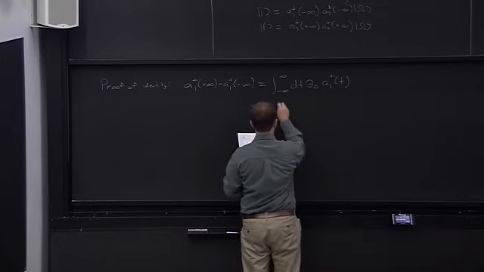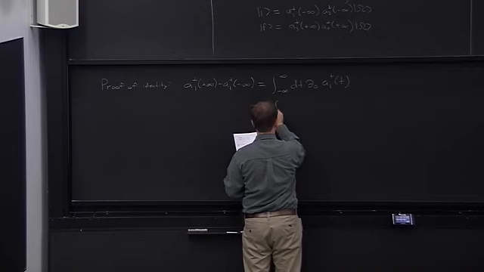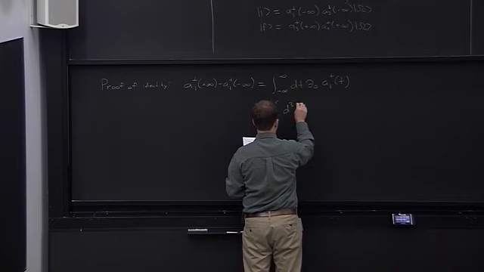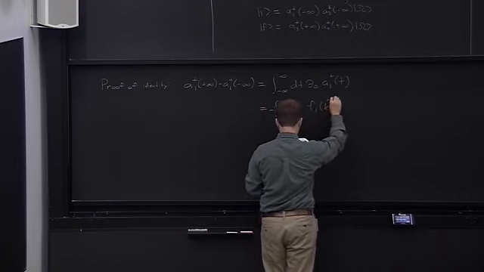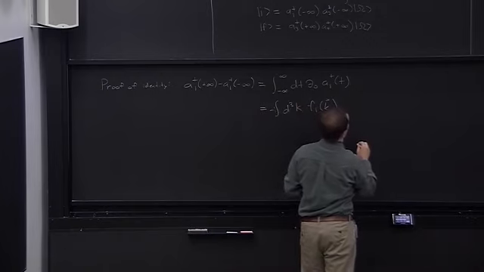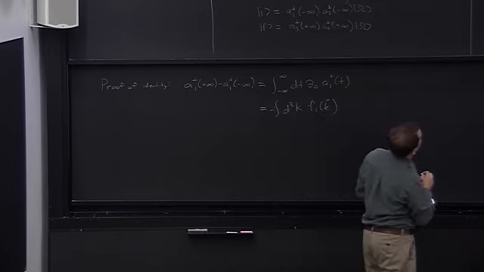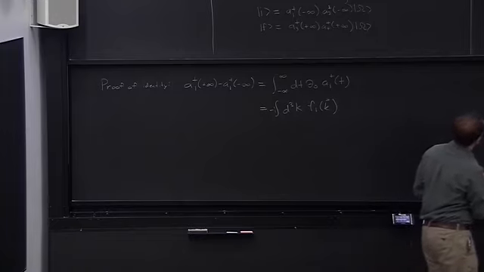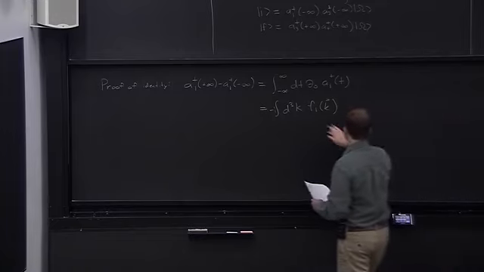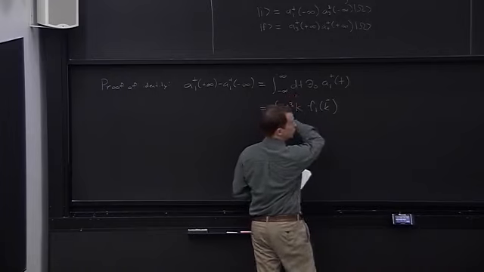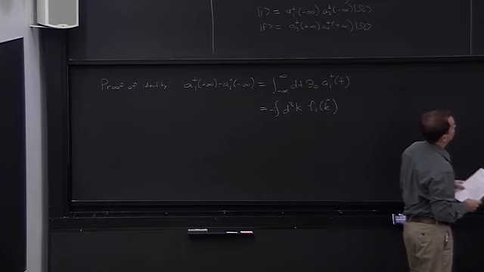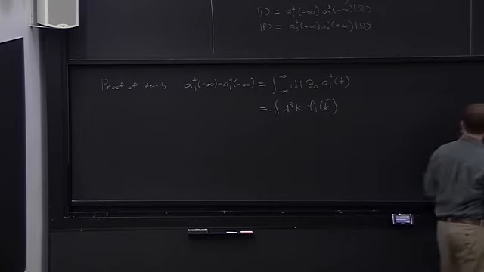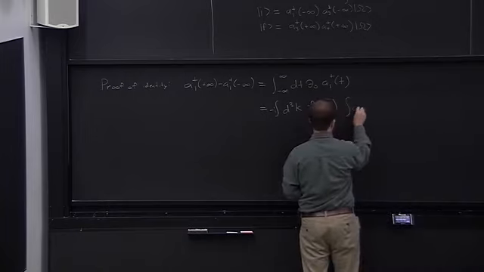So a1 dagger of t gives us an integral d3k f1 of k, and then we have a_k of t. We also have this time integral, which we can combine with the spatial integral in this equation for a_k dagger to give us a space-time integral.